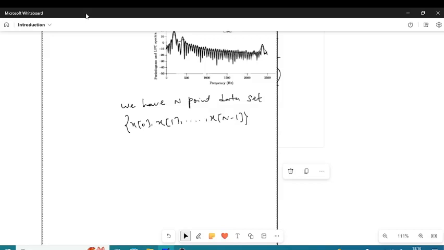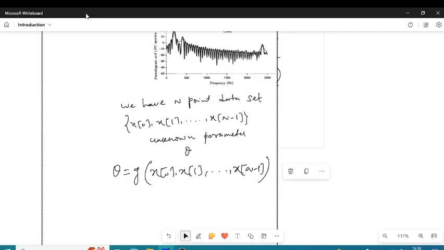These data sets depend on the unknown parameter, which we call theta. So theta is a function of these data sets, that is x0, x1, dot dot dot, xn minus 1. So in a typical estimation problem, we need to determine the function g, which will give an estimate of the unknown parameter theta.